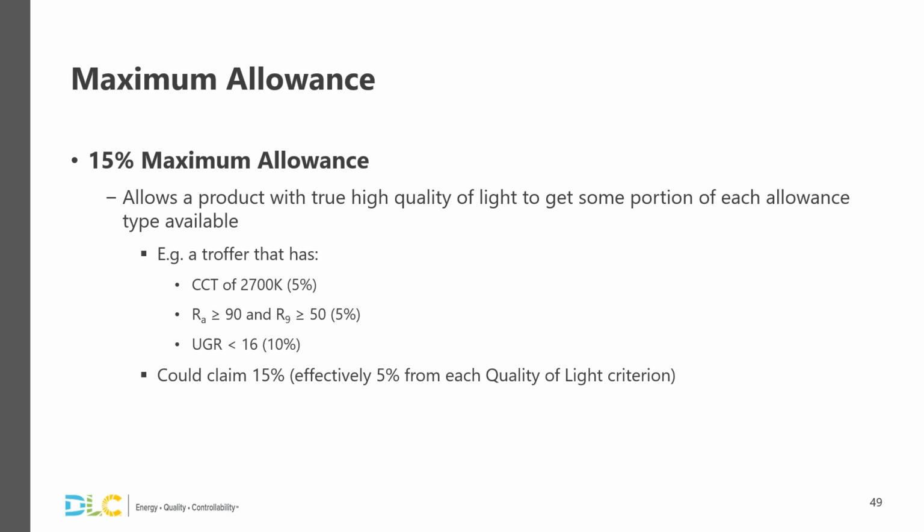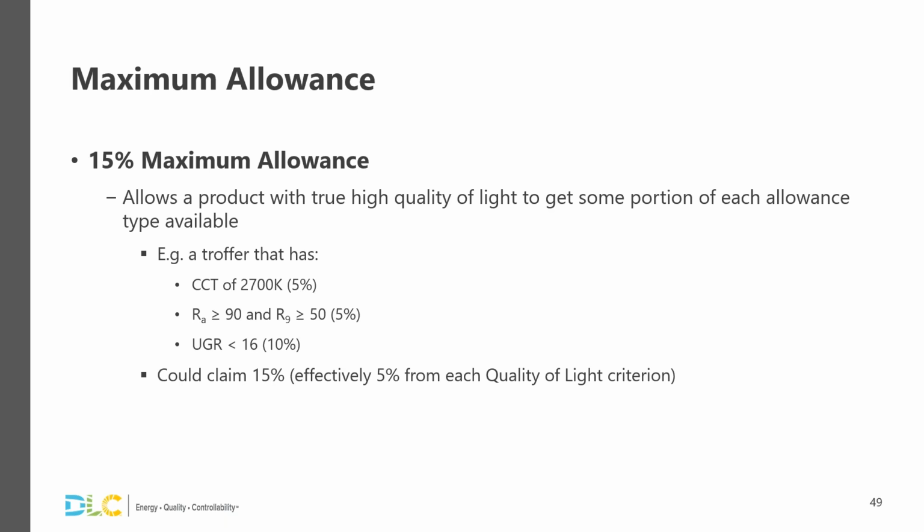And this would allow a product with true high quality of light to get some portion of each allowance type available. For example, if you had a troffer that has a low CCT at 2700 degrees Kelvin, a CRI of 90, an R9 of at least 50, and a UGR less than 16, then it could claim 5% from each.